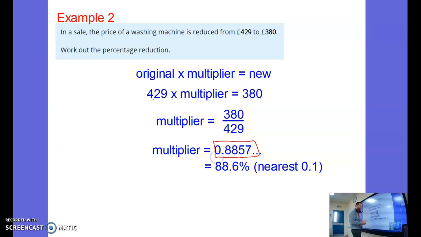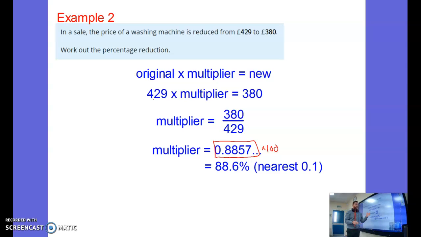That multiplier we need to interpret as a decimal, times it by 100, it's 0.88, and as a percentage, 88.6% to the nearest 0.1. Now, if I start with 100% and then I find 88.6%, what's happened to that value?